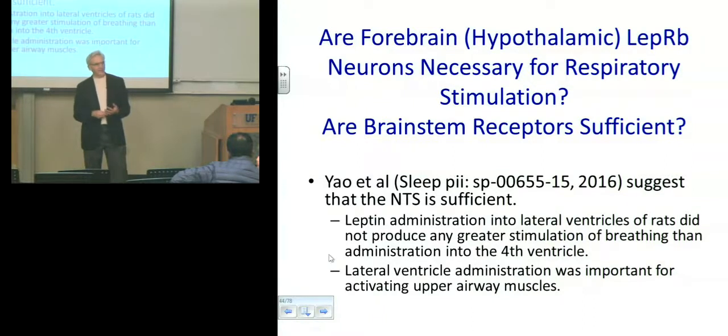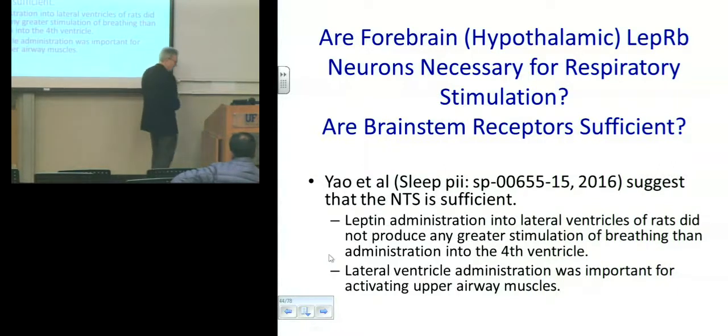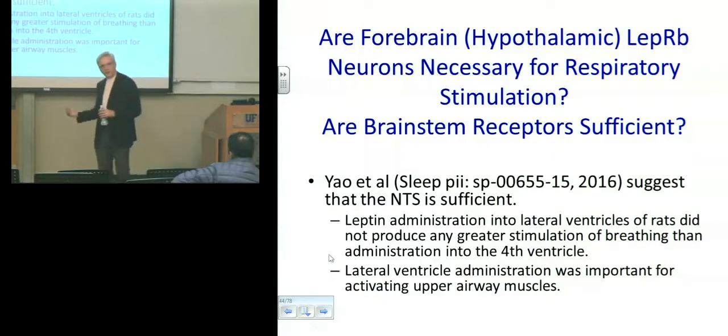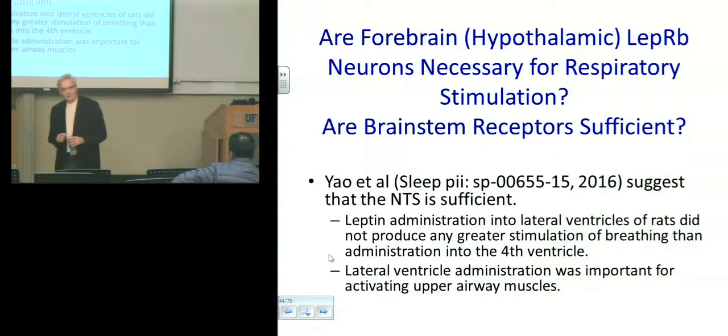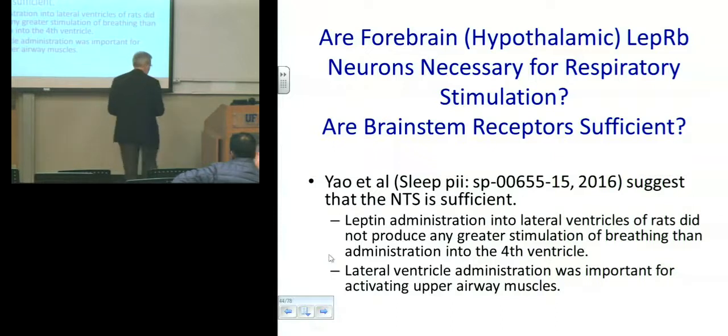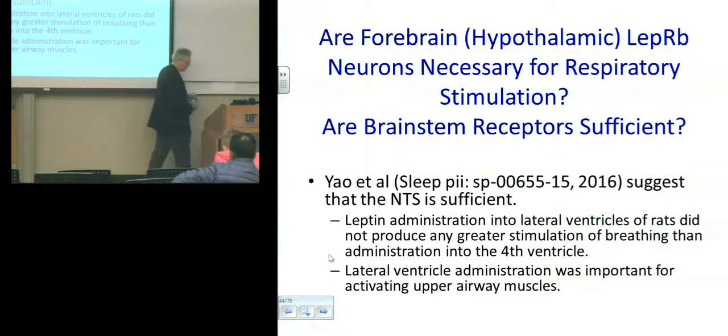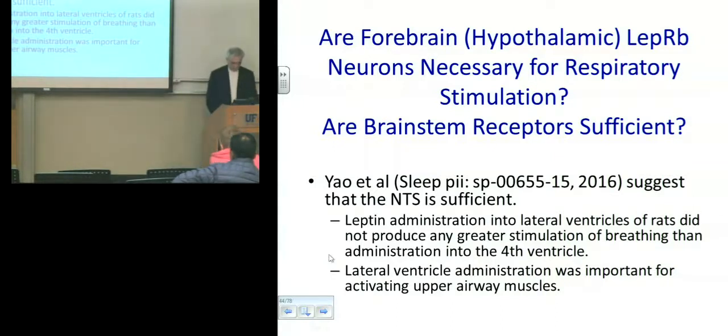They didn't get an increase in the tone in the airway muscle. So they were looking at NTS as probably the site where they get most of their response on phrenic motor output. And the lateral ventricle sites, so potentially the dorsal medial hypothalamus, is a site where you may get that change in airway smooth muscle tone.